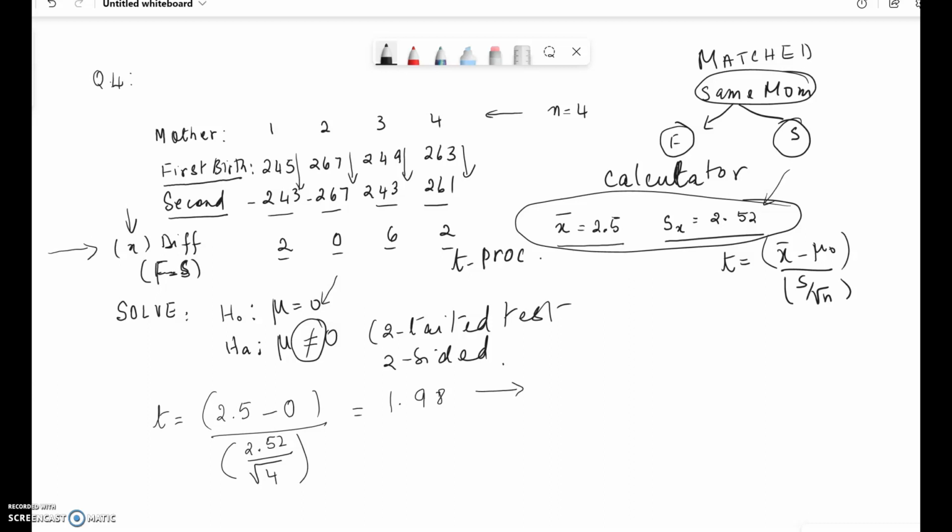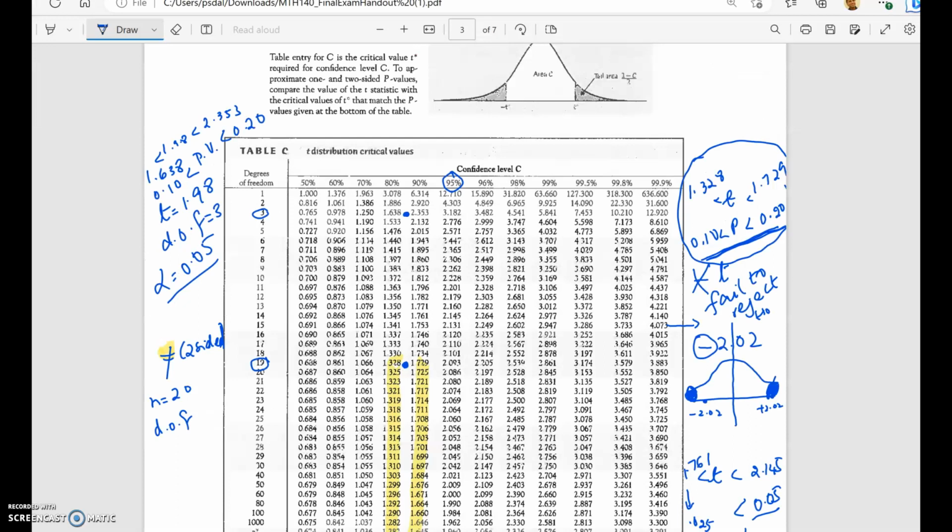And use this. We go to table C. And table C, notice this is degrees of freedom 3 because we're looking at all this stuff here. Degrees of freedom 3 because the sample size is 4. We are looking for the number 1.98, which lies between 1.638 and 2.353.